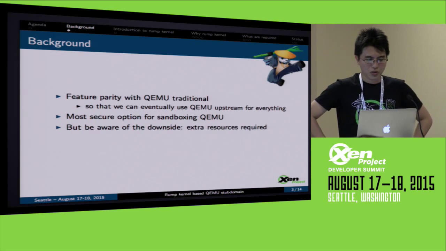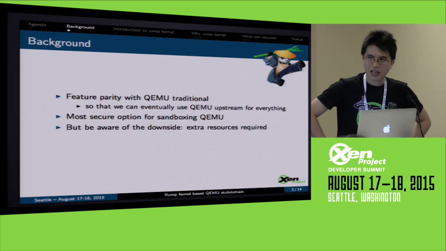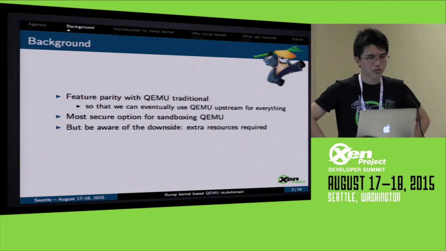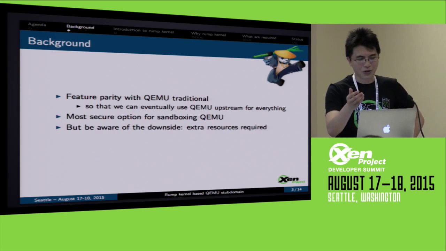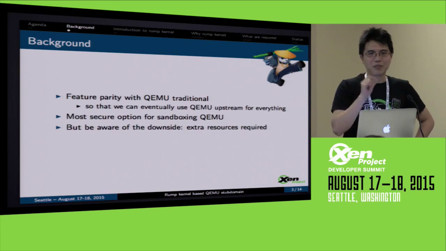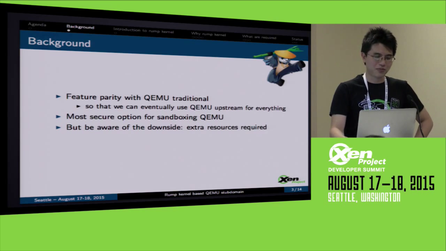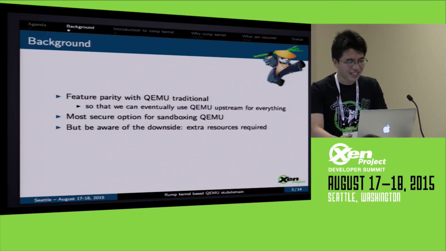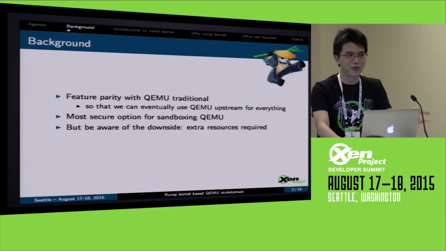And the QEMU subdomain, as far as I can tell, is the most secure option for sandboxing QEMU. Don't get me wrong, QEMU is a great project. We still need the emulation code. But people seem to be quite interested in QEMU security these days, and there have been many bugs discovered during the last few months.